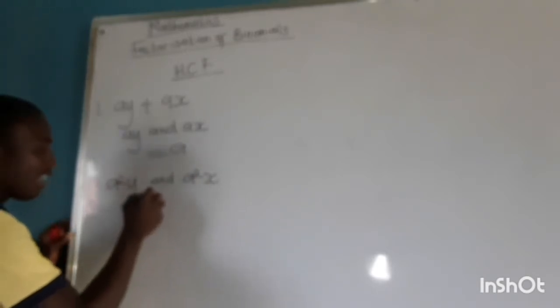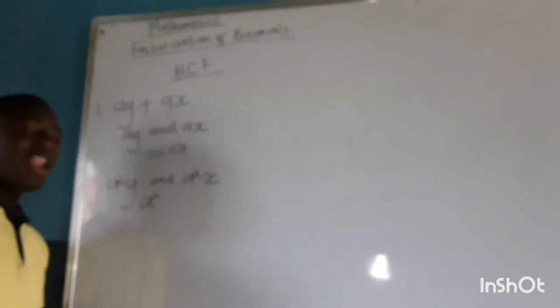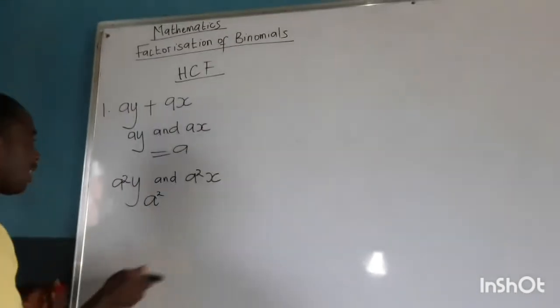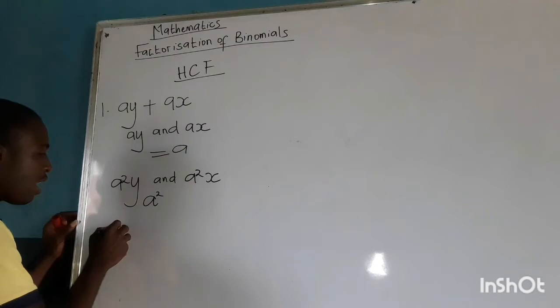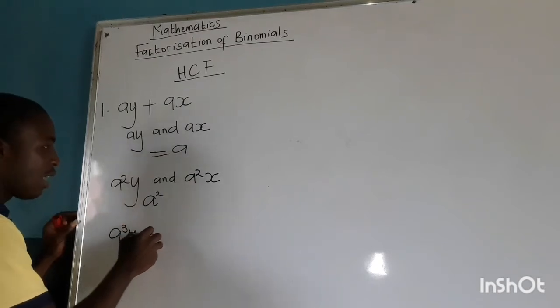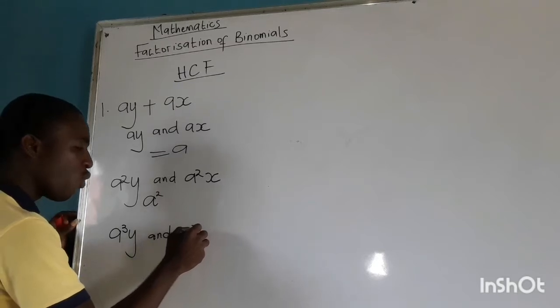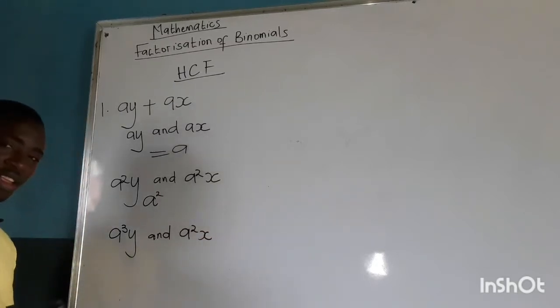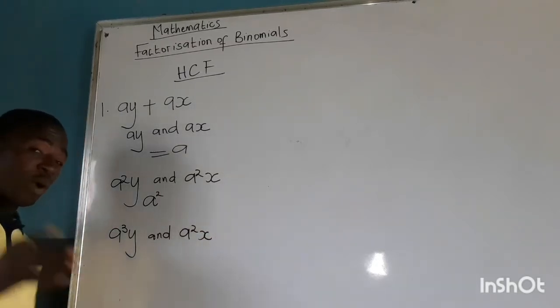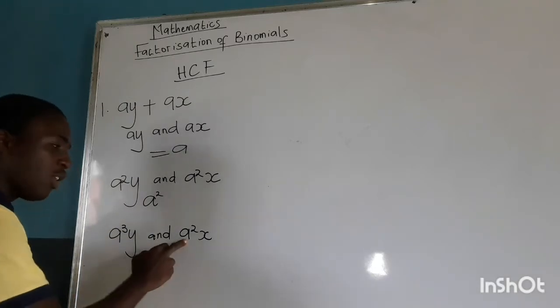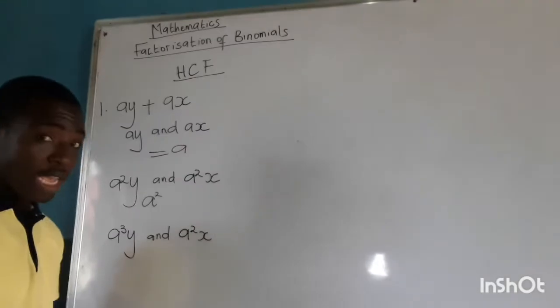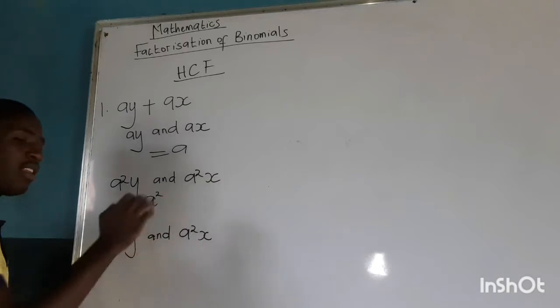So the answer na A square. Now we also wan go a little bit further. Now I come get A cube Y and this one come remain A square X. So this one na A cube, A raised to power 3, A 3 places. This one na A square, A raised to power 2, A 2 places. This is Y, this is X.